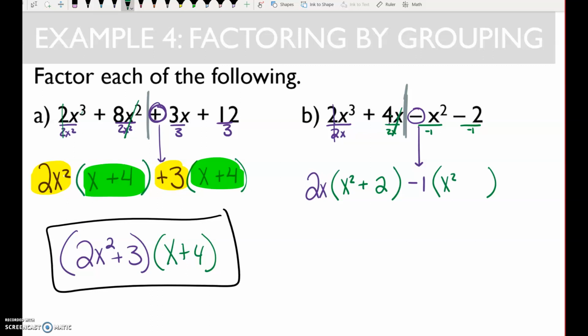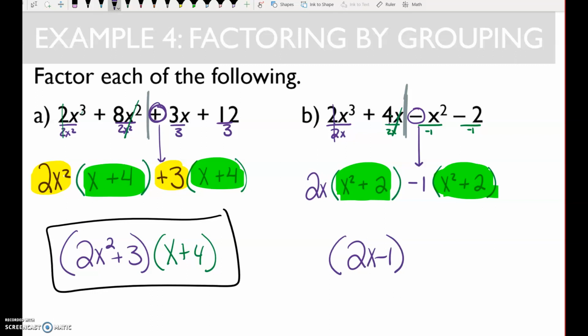Negative 2 divided by negative 1 is positive 2. By factoring out a negative, we have created these two sets of parentheses that are identical. If we hadn't done that negative, then those two parentheses would not have matched. So our final answer is 2x minus 1 in one of the sets of parentheses and x squared plus 2 in the other set of parentheses.